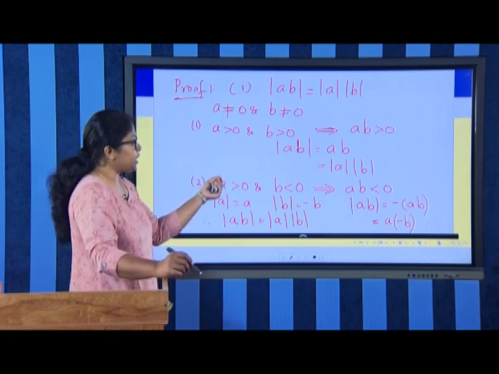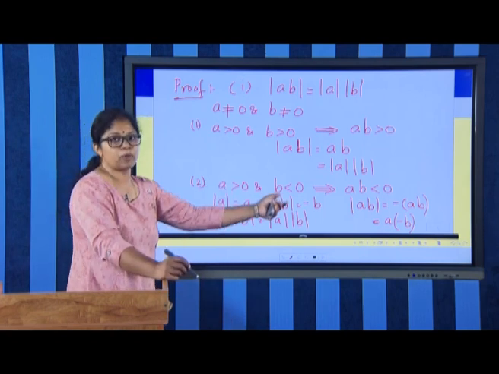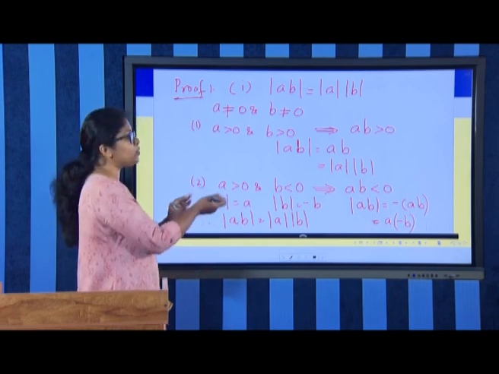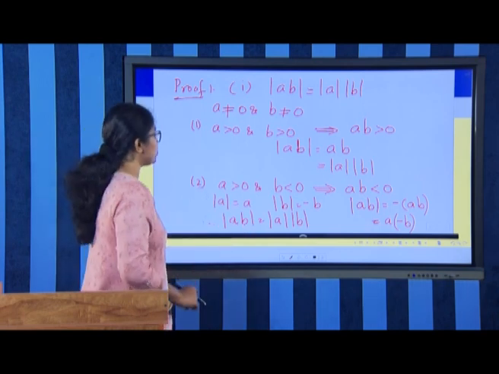Case 3 is A is negative and B is positive, which is exactly the same as this case, we just have to interchange A and B, that is all.